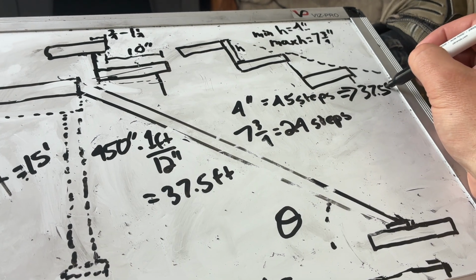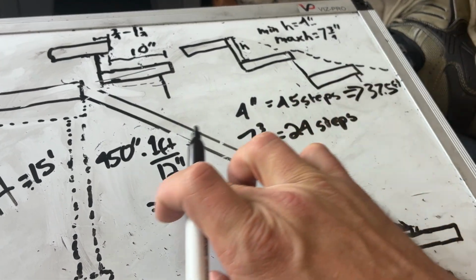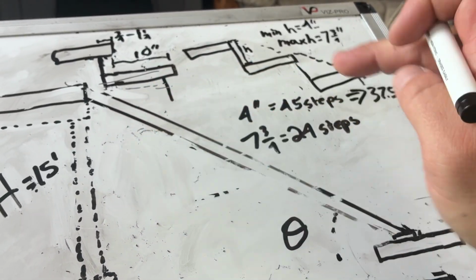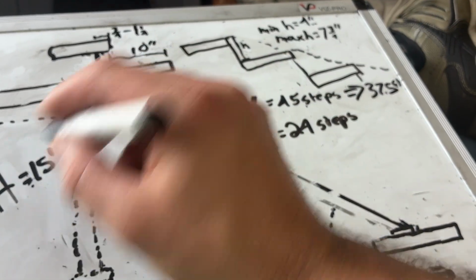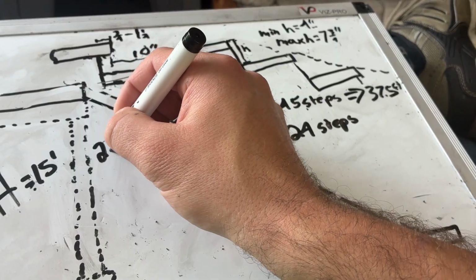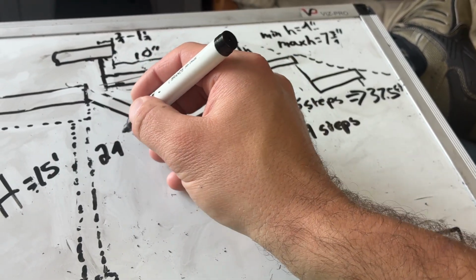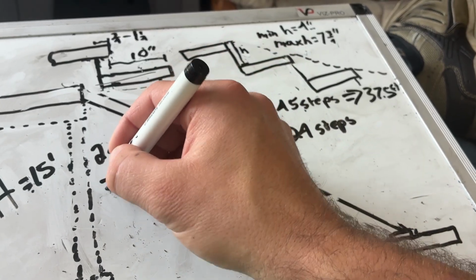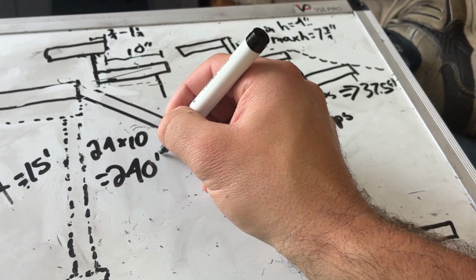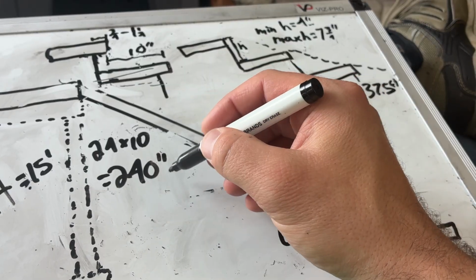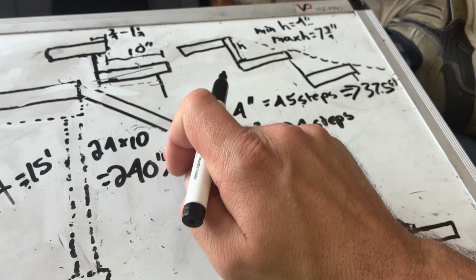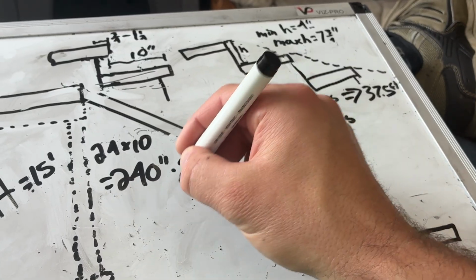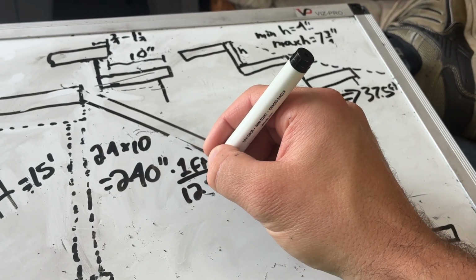37.5 feet, right? Okay, now we can do the same with this one, and we have 24 times 10, which gives us 240 inches, right? 240 inches essentially divided by 12, or multiplied by 1 foot per 12 inches.